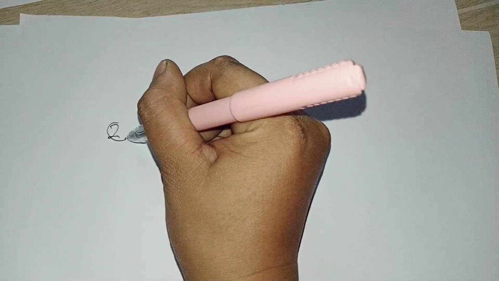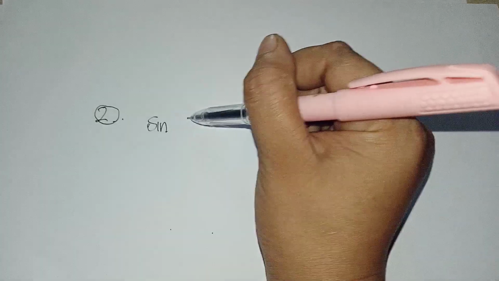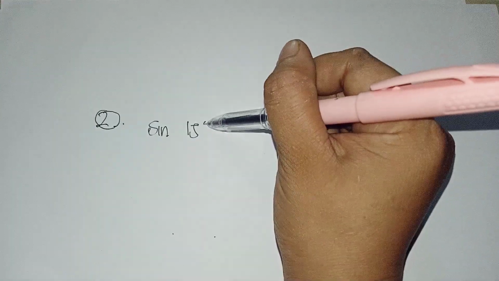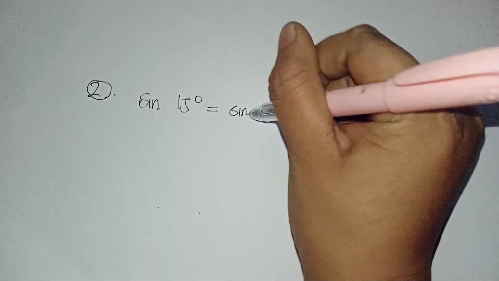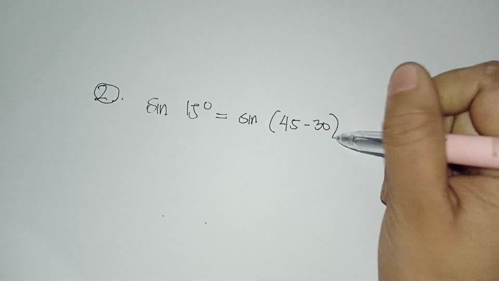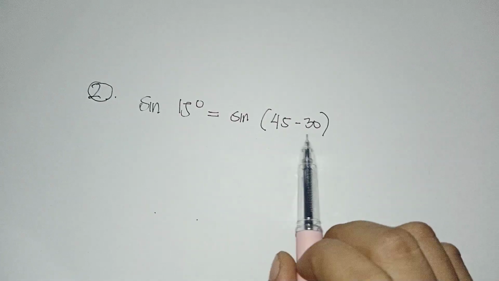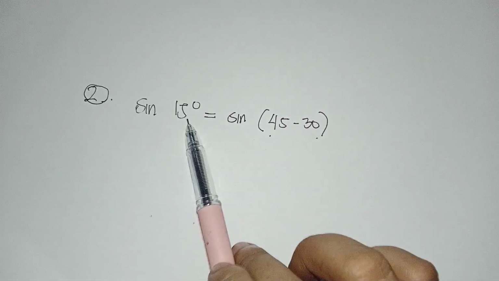Okay, so we have example number 2. Find the sine of 15. So, first, we find the numbers that will result in 15 degrees. So, 45 minus 30, because if we subtract 30 from 45, the result will be 15.